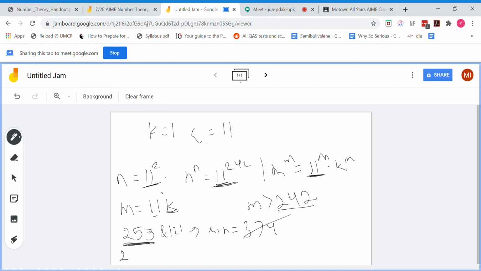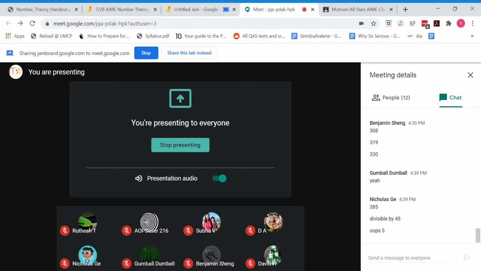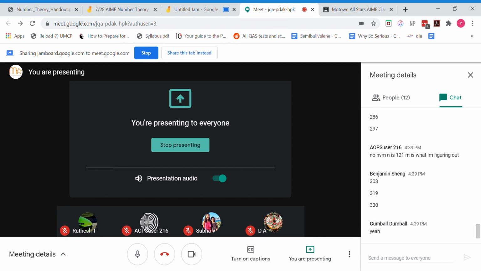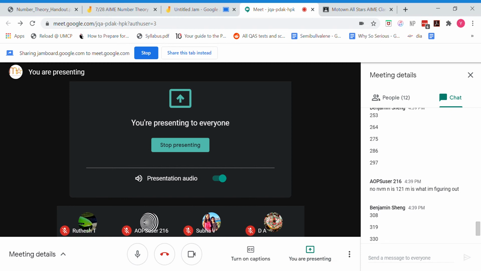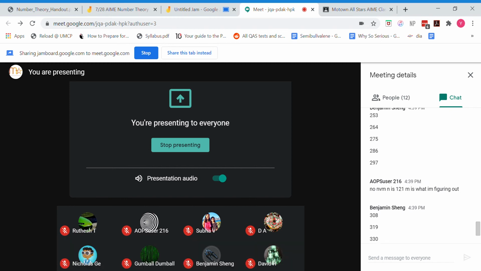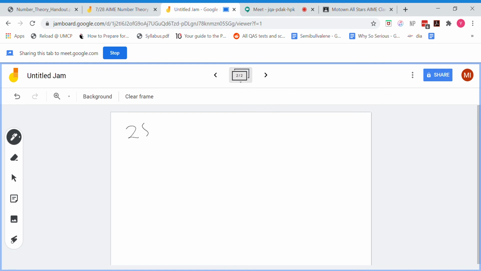So let's try 264 and 121. So this gives m plus n equals 385. This is divisible by 5, as is 210. So this is not going to work. After that, we have 275, which we already established won't work. And then we have 286.